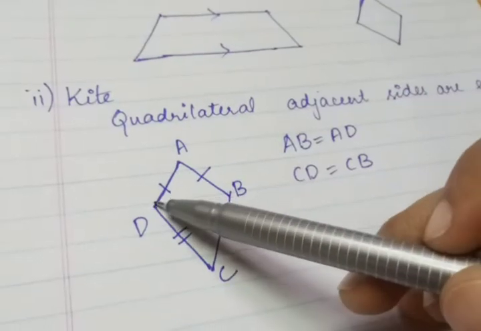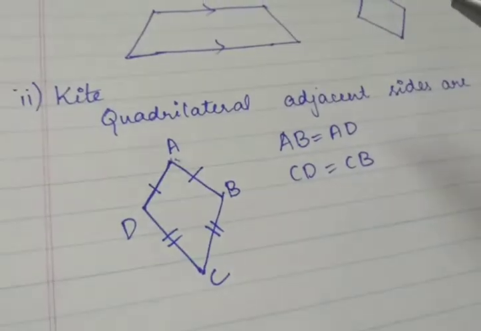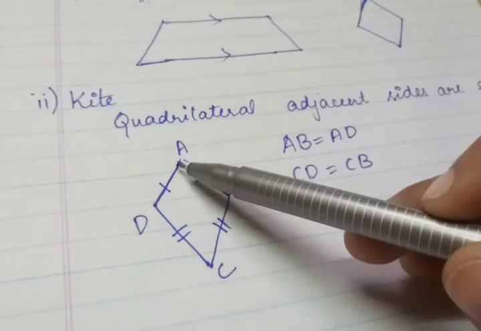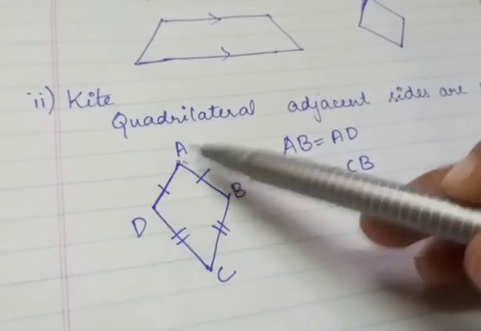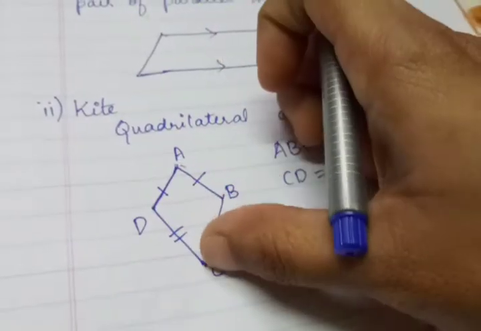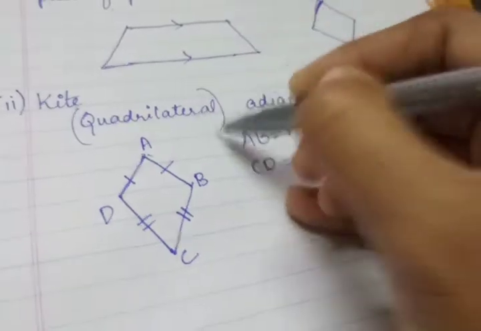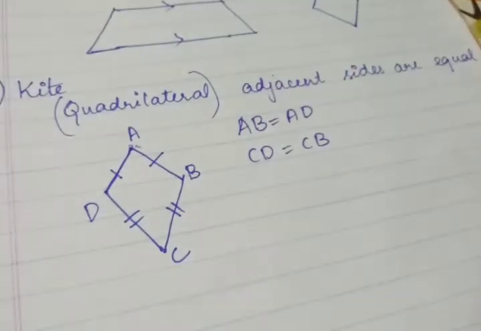So adjacent means near sides. This side and this side are near to each other. So kite means the two sides which are near each other will be equal. These two sides are equal, these two sides are equal. So kite is a quadrilateral where adjacent sides are equal.